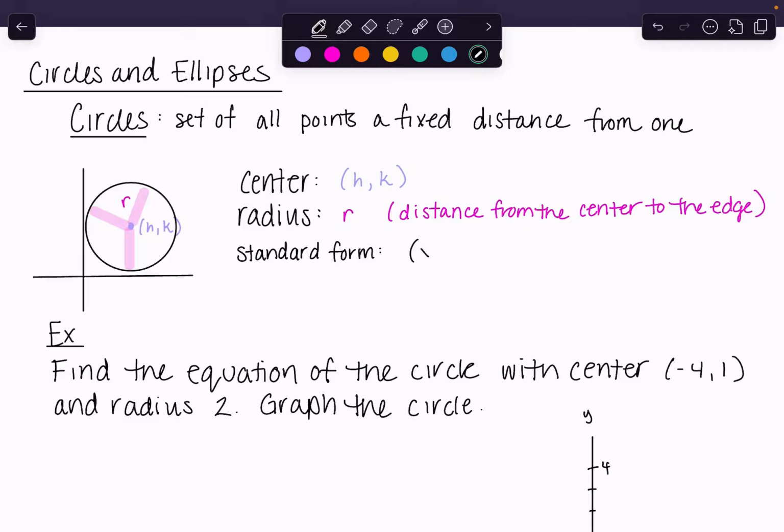So you have x minus the x coordinate of the center squared plus y minus the y coordinate of the center squared is the radius squared. And it really just comes from your distance formula, because remember, your distance is the square root of all this. So in this case, that distance is fixed, and we just get rid of that square root, okay?